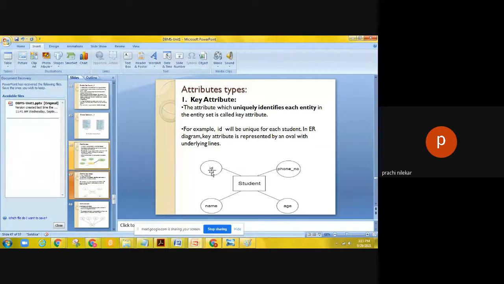That's why we provide roll number as well as personal ID. Key attributes will be unique for each student. In the ER diagram, the key attribute is represented by an oval with underlined text. See over here, ID is underlined.